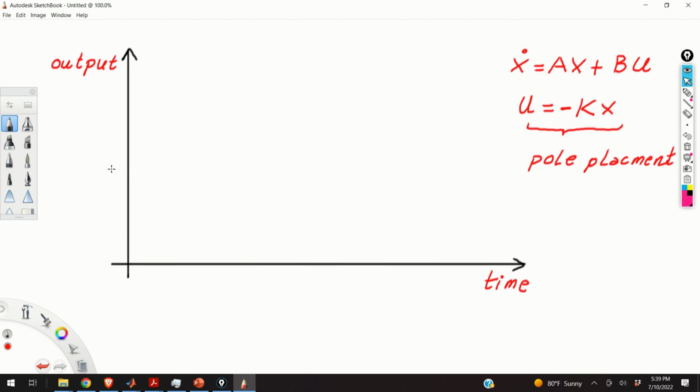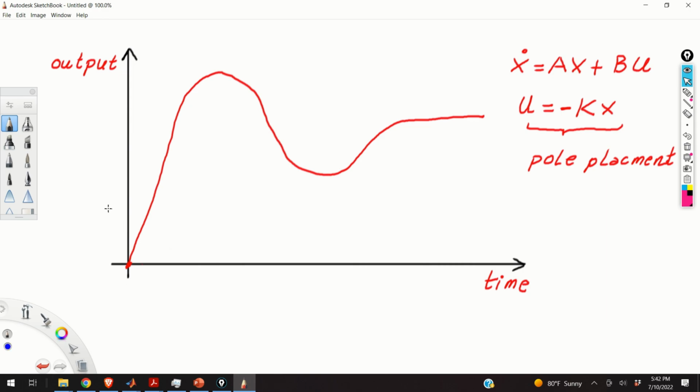So let us assume that we have a control system and that we want to design a closed-loop controller. Now, let us assume that the system produces a hypothetical closed-loop step response that looks like this.